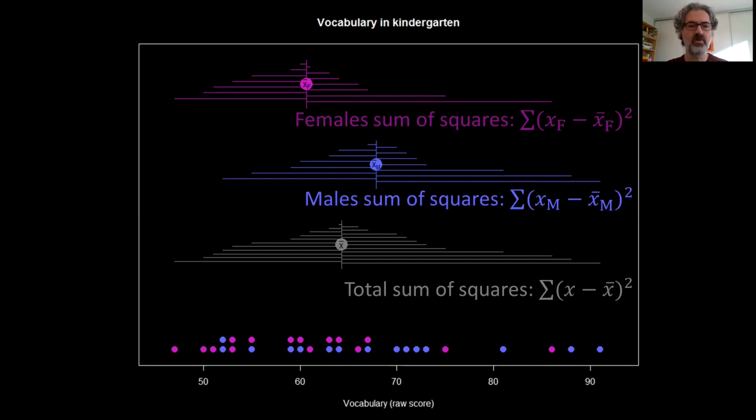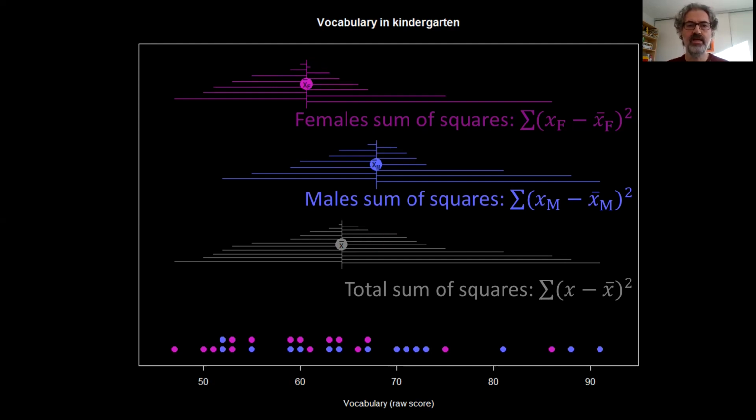But for most points, because the points for the girls are a bit to the left on average, these sums of squares will be less than the sum of squares if we were using the grand mean. And if we do this for both groups together, we see that on average, these lines will be a bit shorter than these lines.